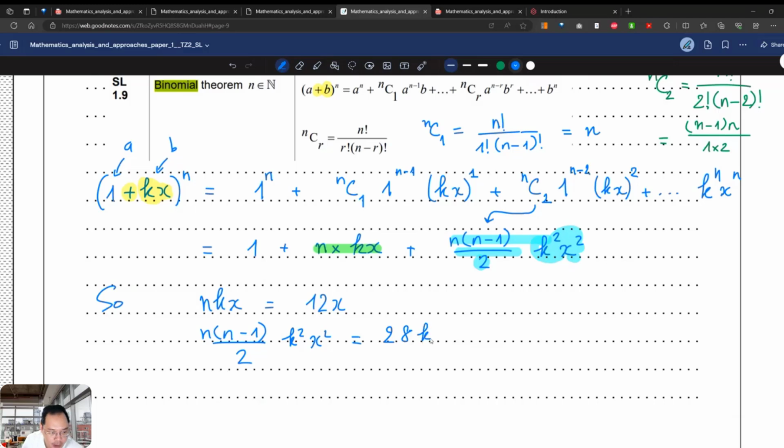It is equivalent to n times k is 12. We don't need to concern about x, we can simplify it, okay? Simplify x on both sides of the equation.